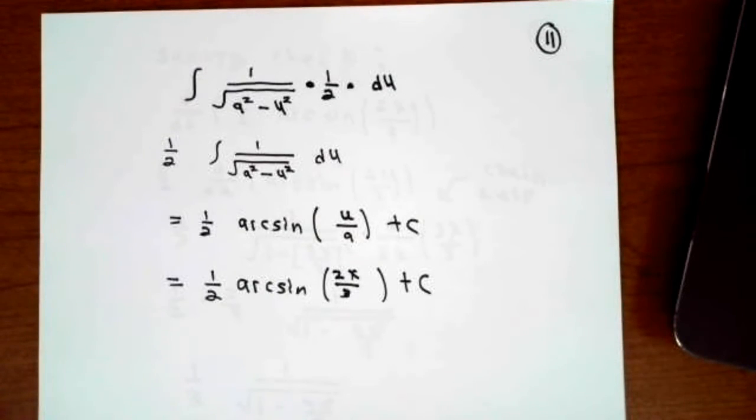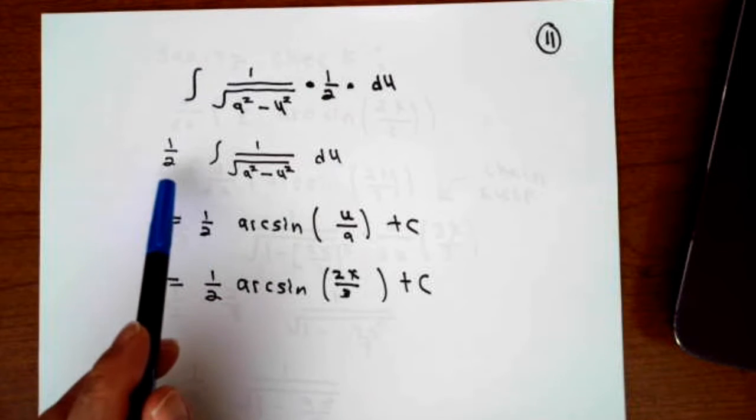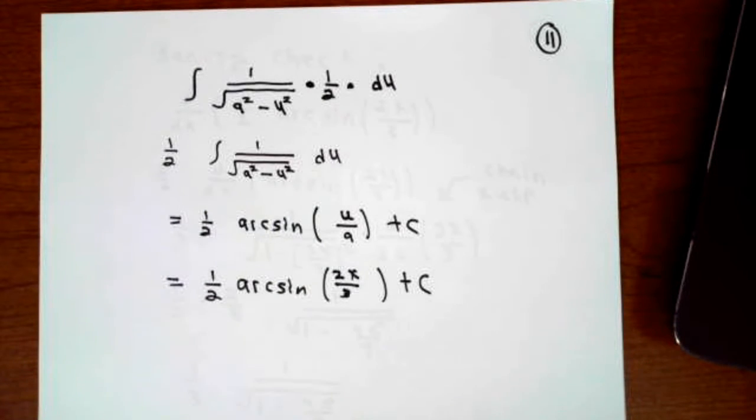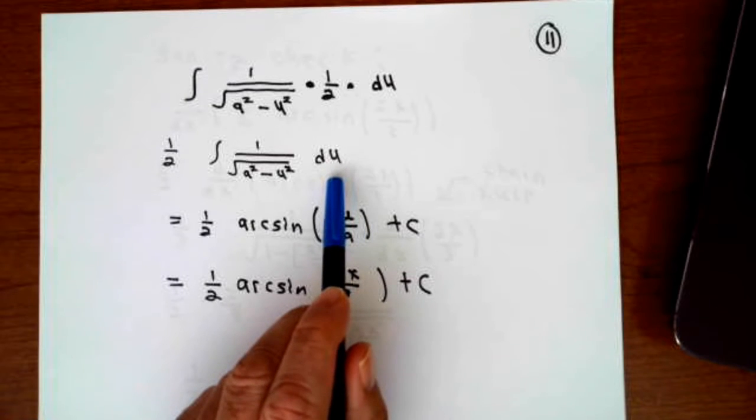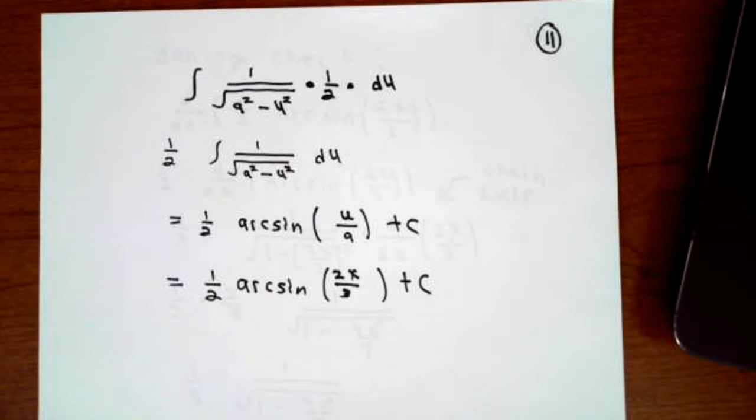The 1/2 doesn't bother me in the least. It's a constant factor, so I can pull it out in front of the integral. So this says I'm going to have 1/2 times integral 1 over radical a squared minus u squared with respect to u. That's on the list.